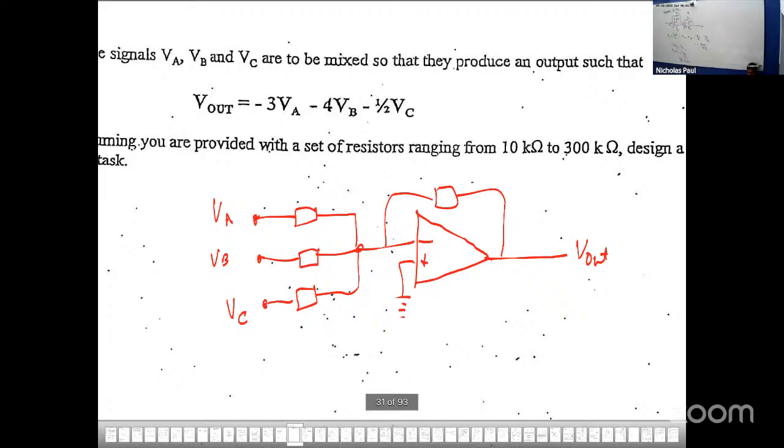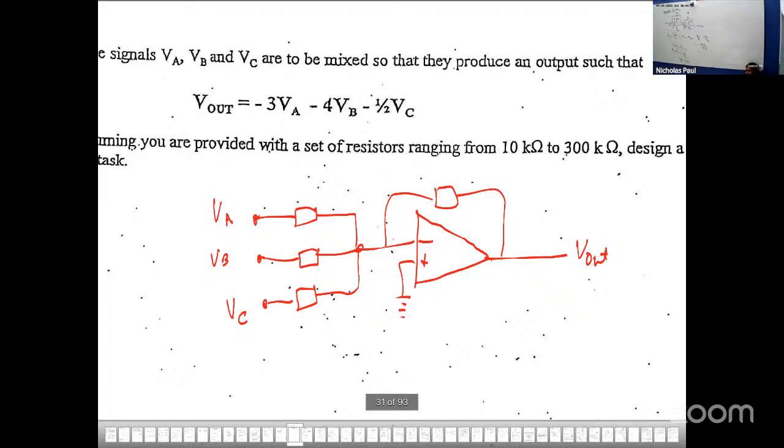Other people have that circuit in the loop. And now put in your values. It's 3, 4, and 3, 4.5. That's all you have to focus on. You gotta get 3, you gotta get 4.5.